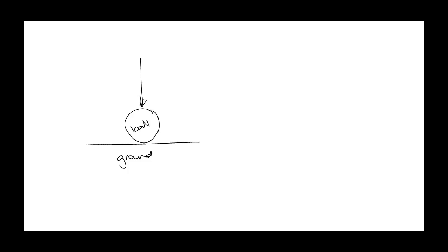And then a force is applied from above downwards onto that ball. What it will actually do, and I'll draw this in red, is it might cause the ball to actually change its shape. It might compress that ball. And that is another thing that a force can do to an object.